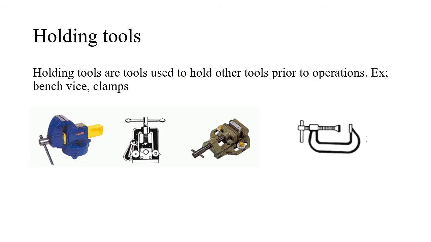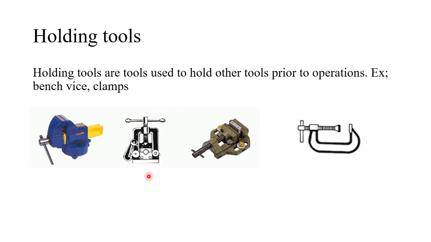There are holding tools. In holding tools, we have illustrated the vices, bench vices, and the clamps. This is a G clamp, and here we have three shapes of bench vice. This is a universal bench vice, and here we have a bench vice used to hold something cylindrical, like a ball.